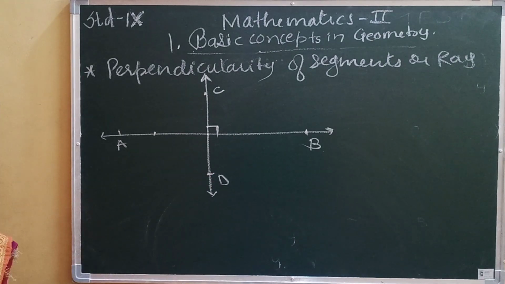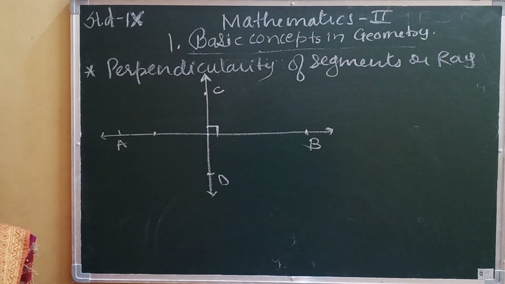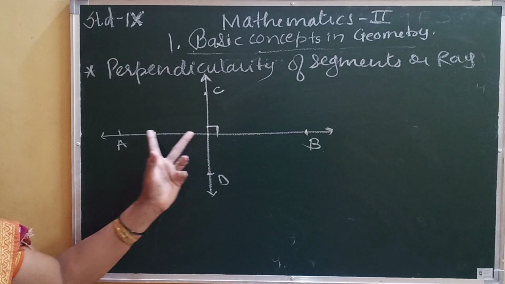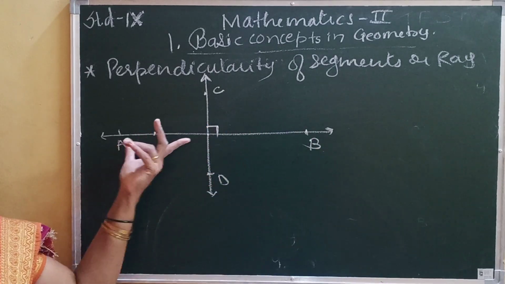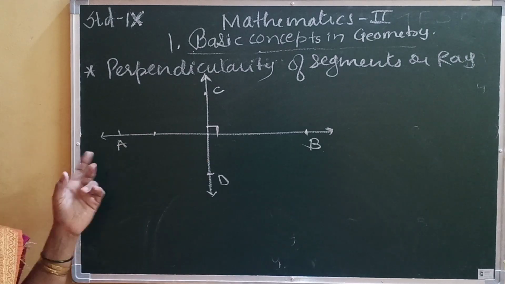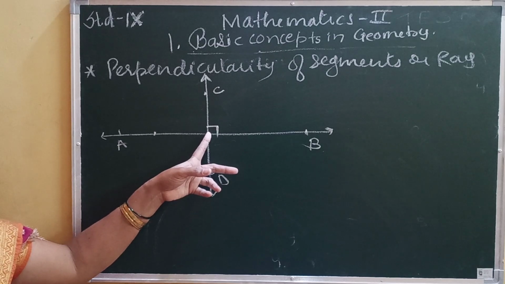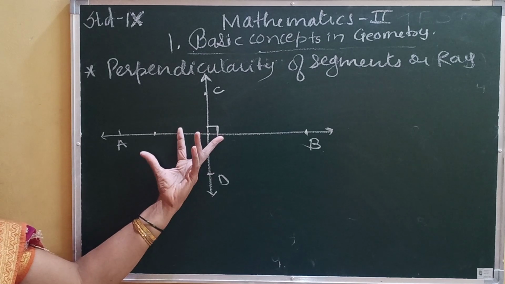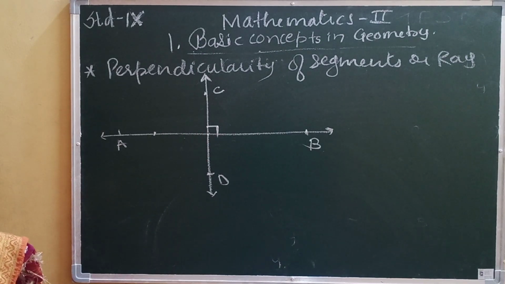If the lines containing two segments, two rays, or a ray and a segment intersect each other at a right angle, then these two segments or two rays are said to be perpendicular to each other.